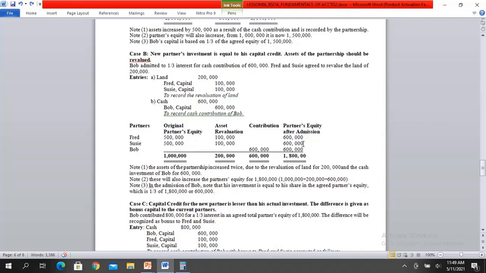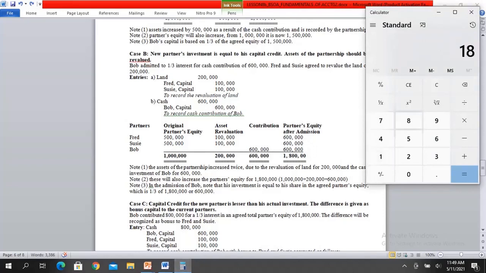So, magkano yung i-contribute ni Bob para sa 1/3 interest dun sa total na equity ng partnership? 600,000 yung kinontribute niya. So, 600,000 plus 600,000 plus 600,000 is 1,800,000.